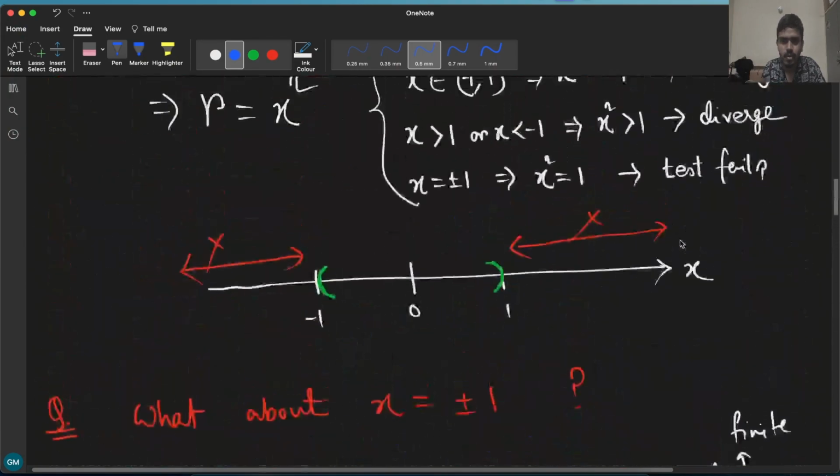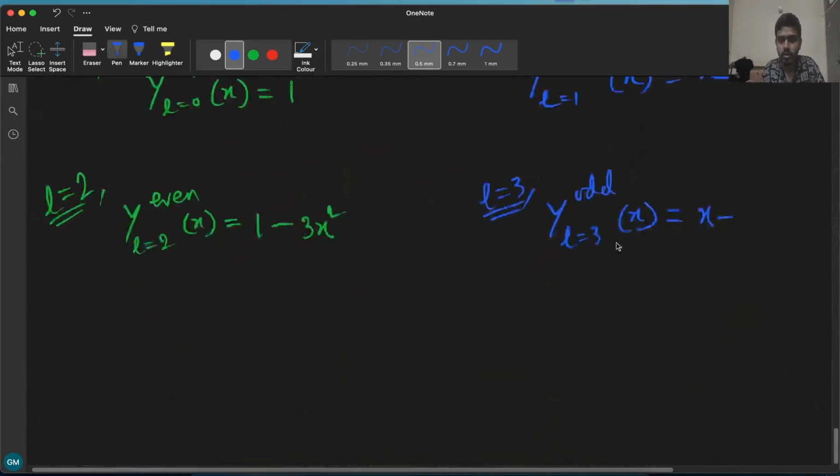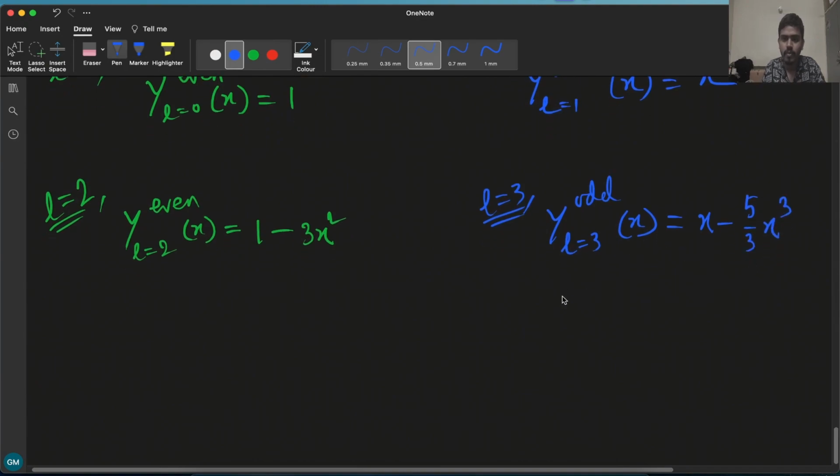If I put L equals 3, then it is 3 minus 1, that is 2. So 2 cancels because there is 3 factorial in the denominator, and 3 plus 2 is 5. So it is 5 by 3 times x cube, and so on.